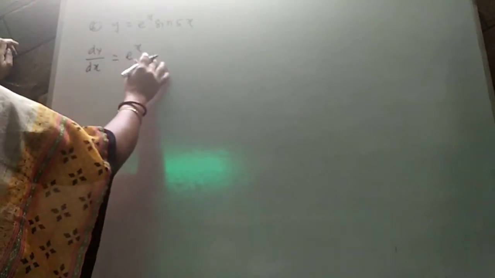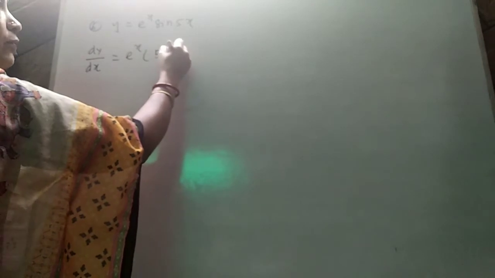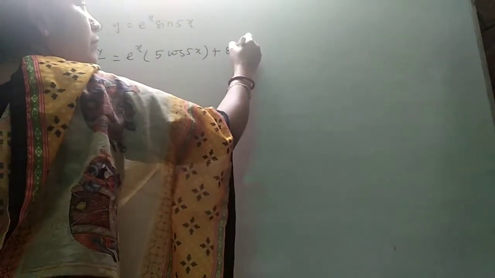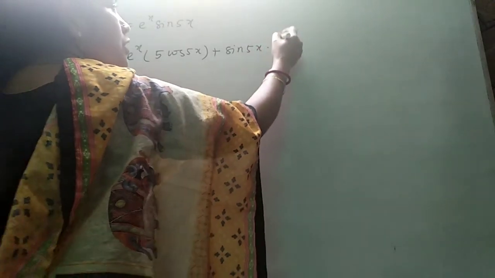I'm taking question number 6 straight away. Y equals this. In this type of question, the result to prove always comes, beta. They never ask straight away, they ask prove that. Now see, first let me find dy by dx. dy by dx equals e to the x, keeping sin 5x constant, and the differentiation of sin 5x is 5 cos 5x, and then plus, keeping sin 5x constant, the differentiation of e to the x is e to the x.